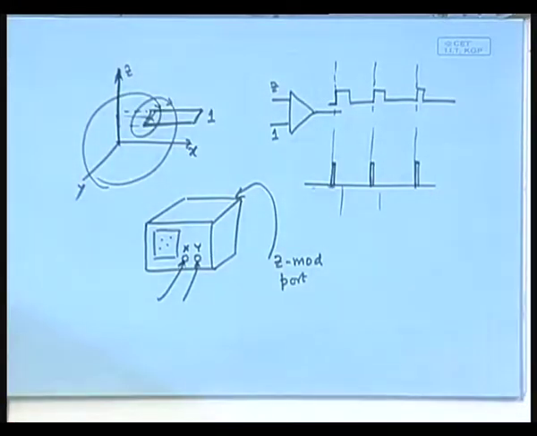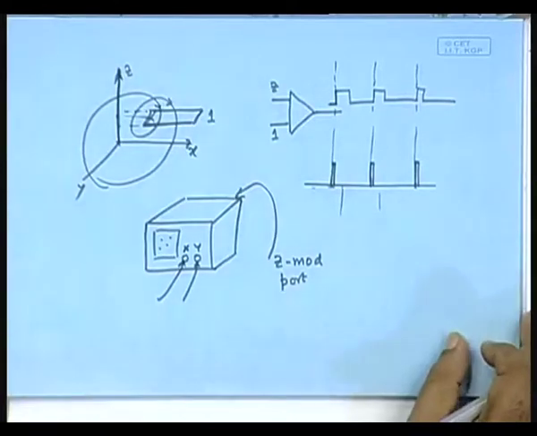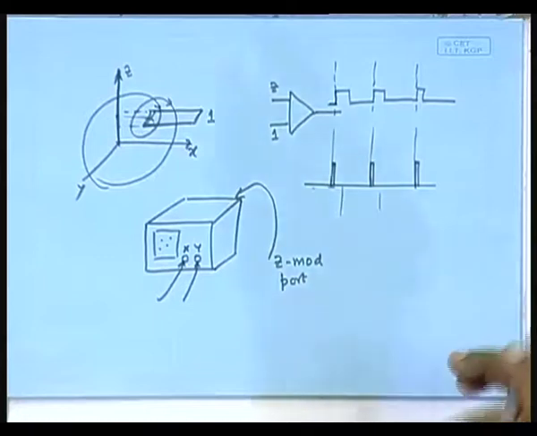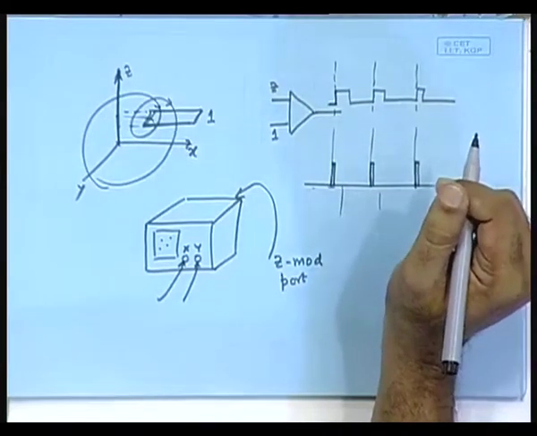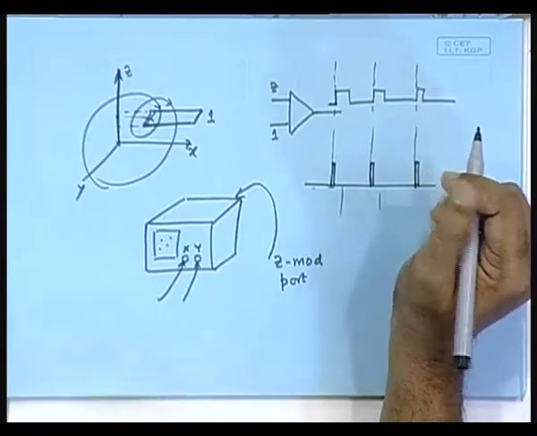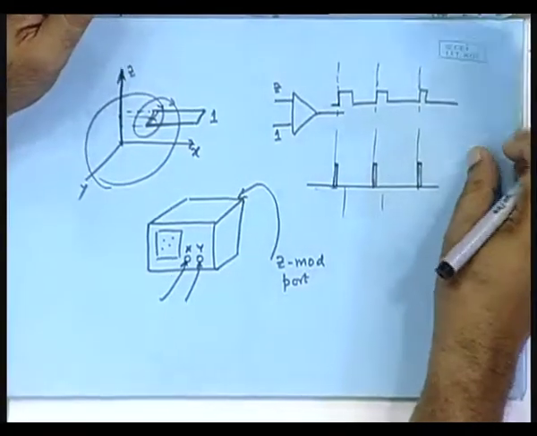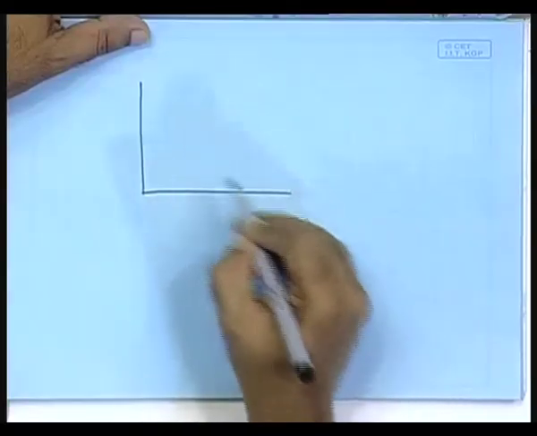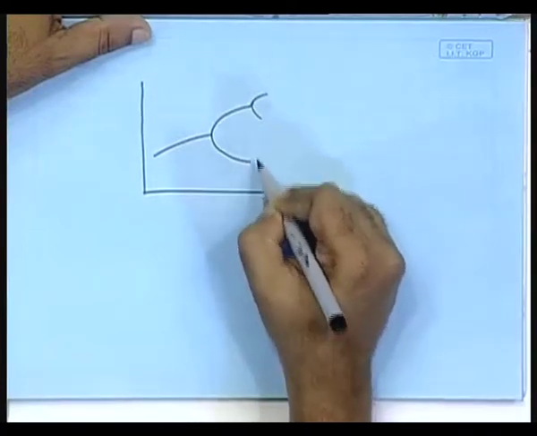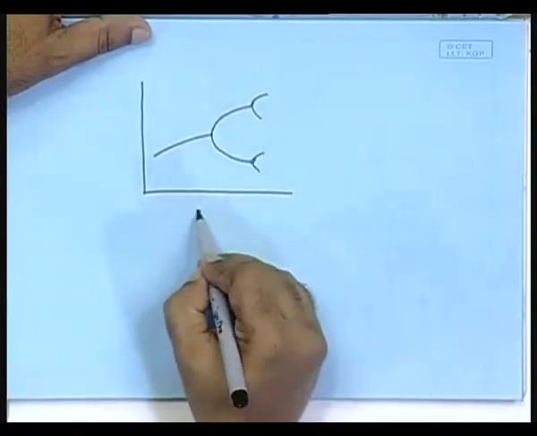Okay. Now come to the point of how to obtain a bifurcation diagram on a CRO screen. For obtaining the bifurcation diagram, say something like this, what is your x axis?